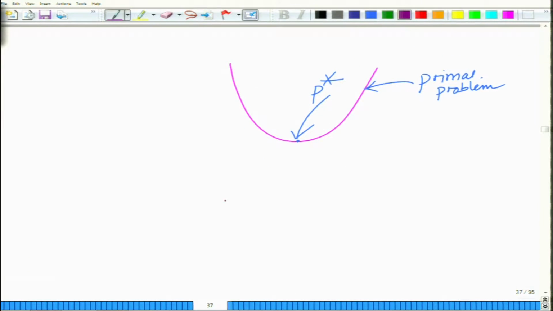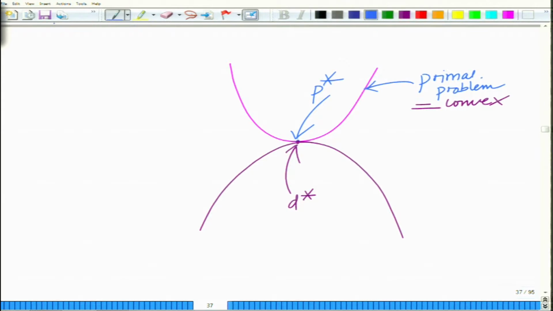And then you have the dual, which is concave, and you have the optimal value of the dual problem.